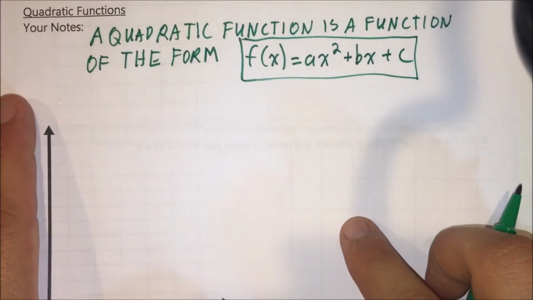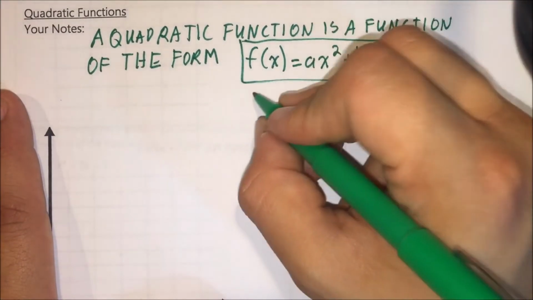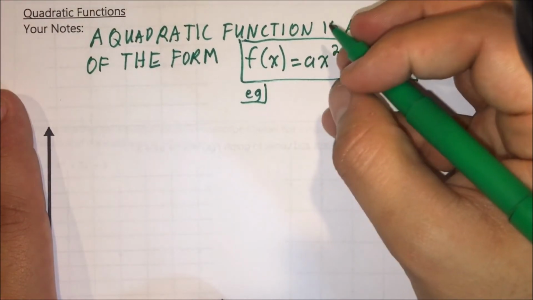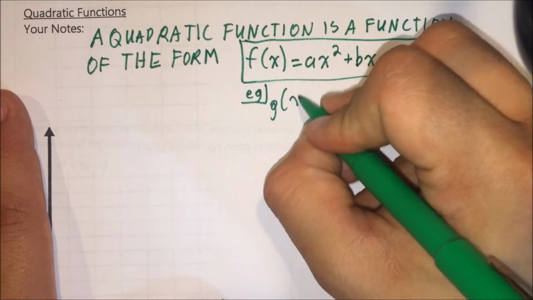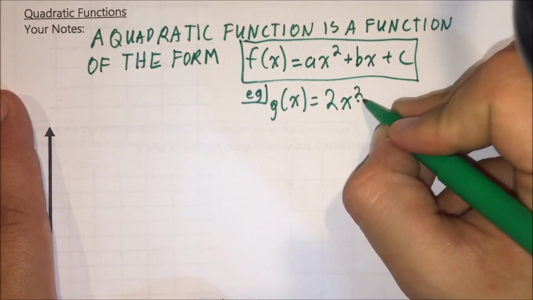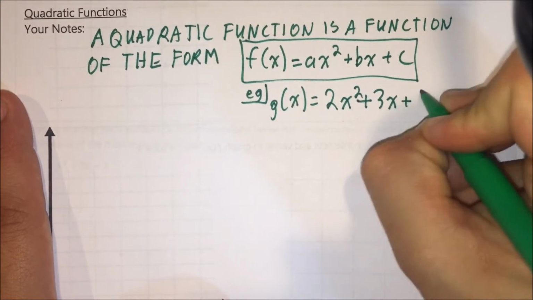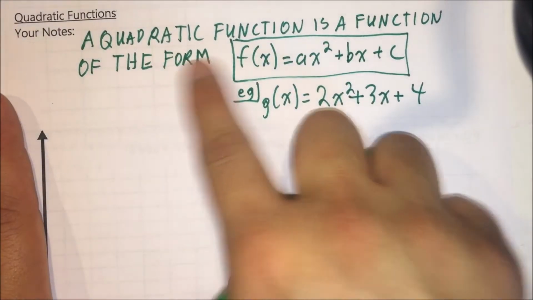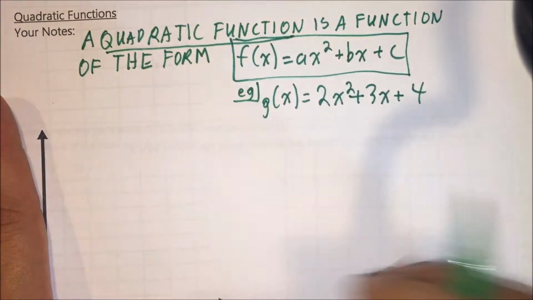They could be 2, 3, whatever. Let me give you an example. For instance, we could have a function g of x that's maybe 2x squared plus 3x plus 4. That would be what we know as a quadratic function.